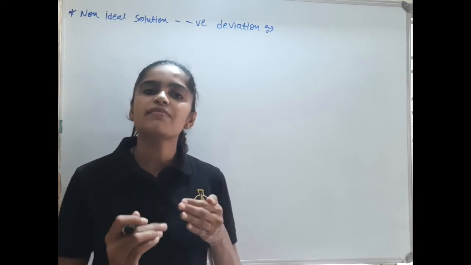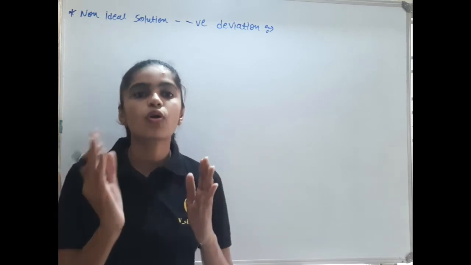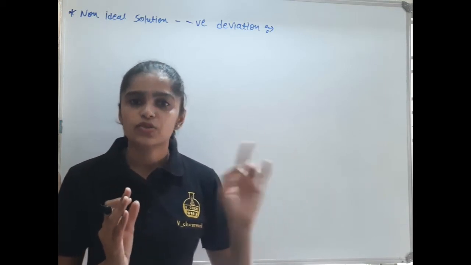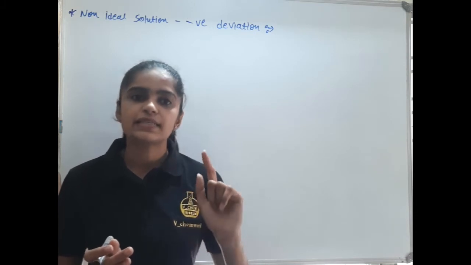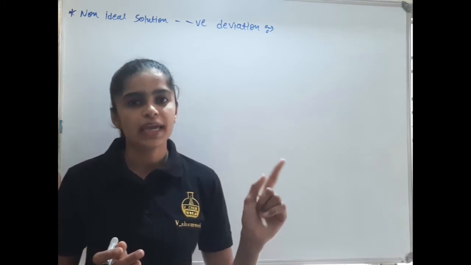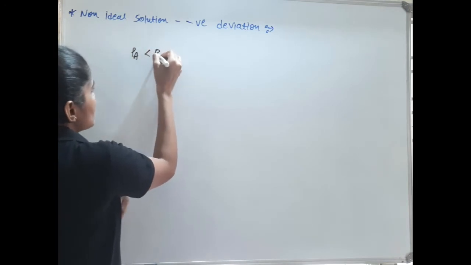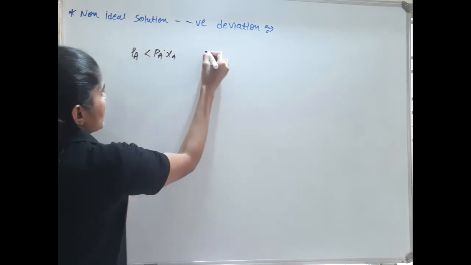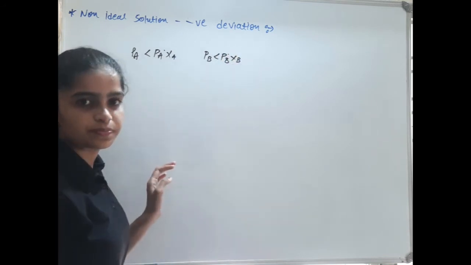In the positive deviation, the vapor pressure of A or B is more than the pure component times mole fraction. But in this case, the partial vapor pressure of A is less than the pure component of A times its mole fraction. So PA is less than PA0 into XA and PB is less than PB0 into XB.